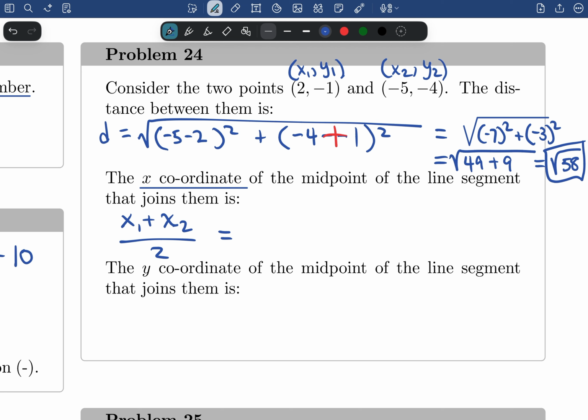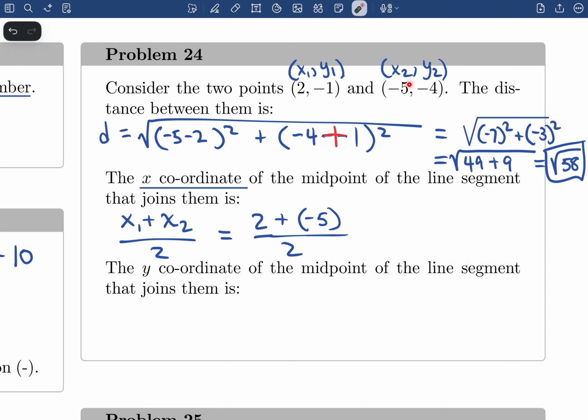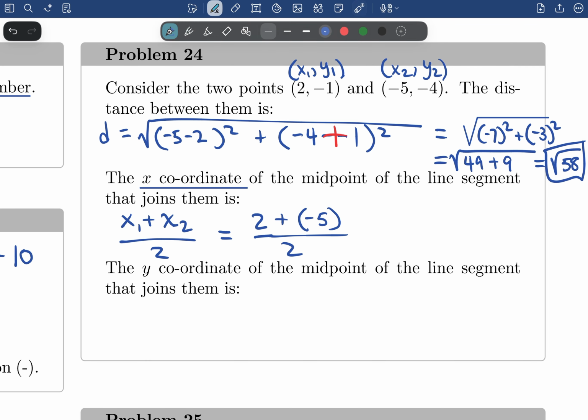And that equals, well, 2 plus -5 divided by 2. Right? So I'm taking 2 plus -5 divided by 2 to find their average. And 2 plus -5 is -3. So I end up with -3 halves. Like this.